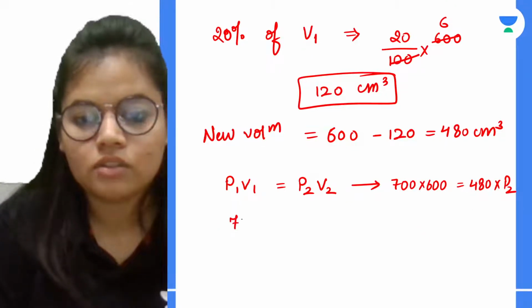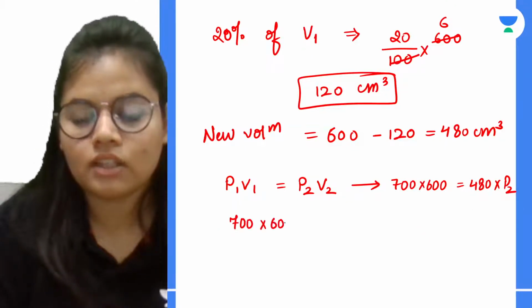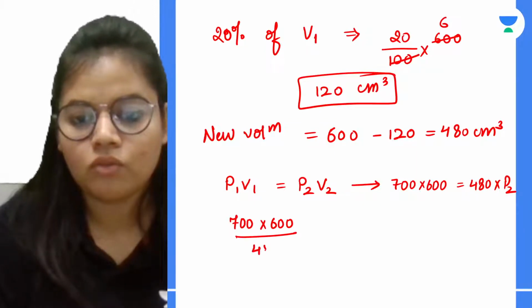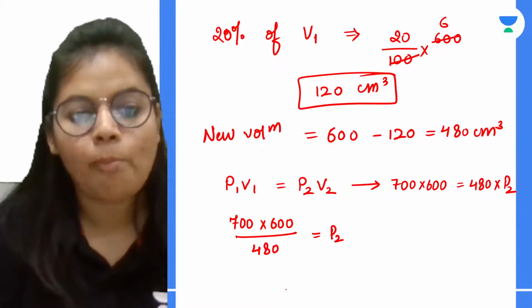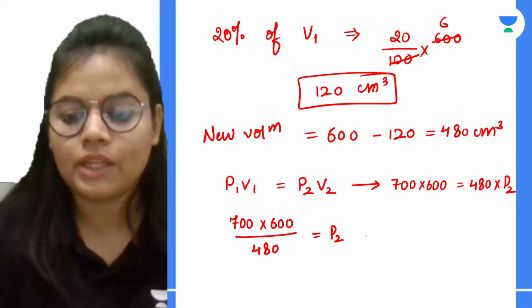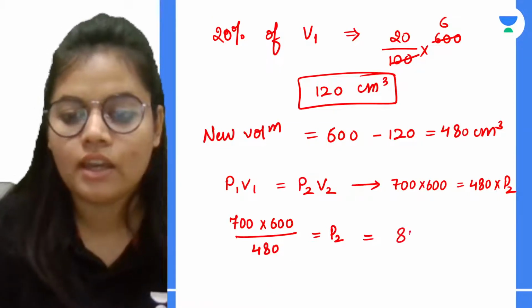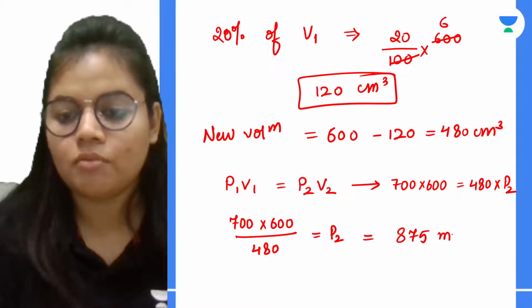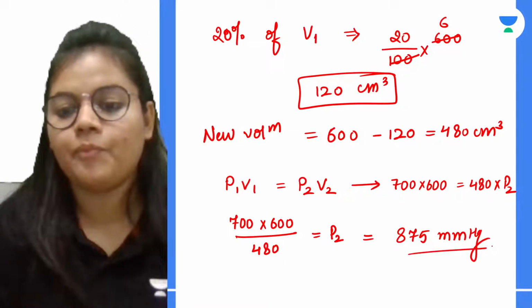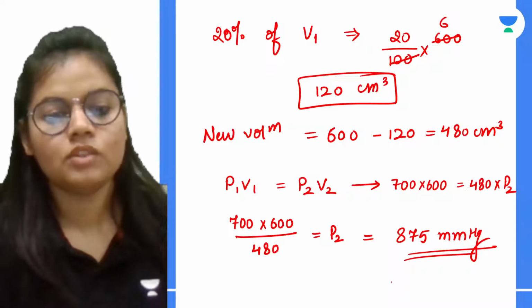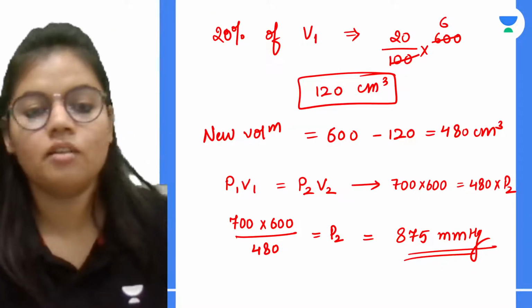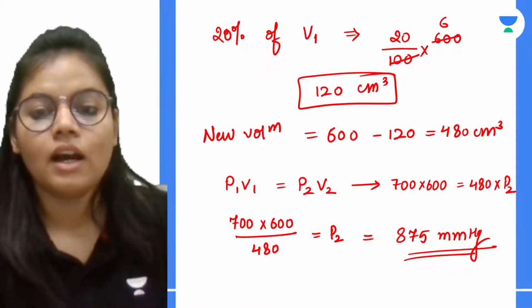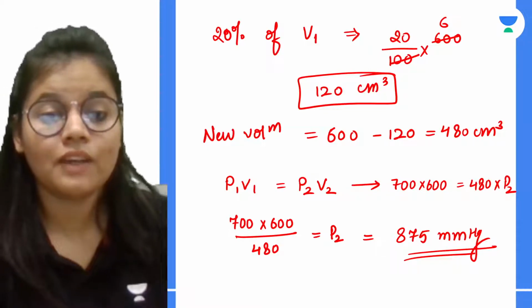Transferring the values, 700 into 600 upon 480 is equal to P2. And when we solve for P2, we get the value as 875 millimeter of mercury. So this is the value of our second pressure.